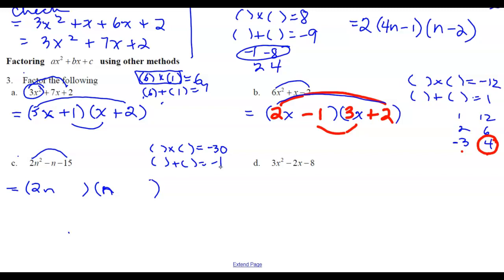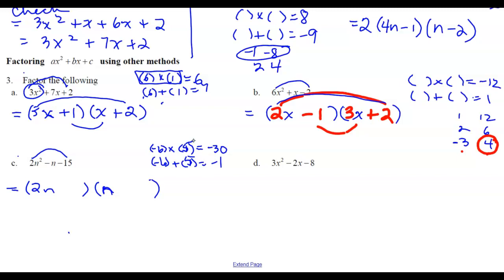Tolu? But yeah, the 6. The bigger one has to be negative to add. So negative 6 and 1. Oh, sorry, not 1. Negative 6 and 5. Add to negative 1. Okay. So they multiply to negative 30, add to negative 1.